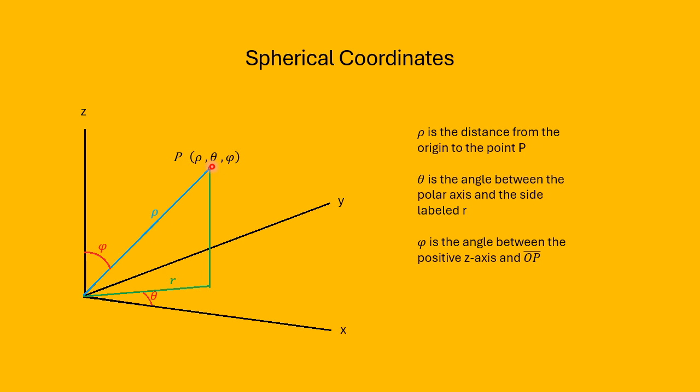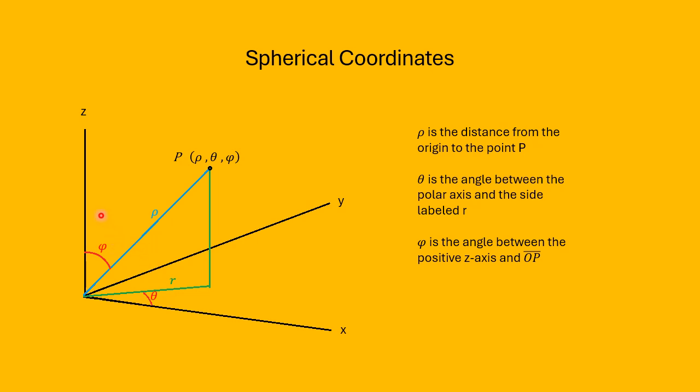To get that, we drop a perpendicular from point P down to the xy plane, and then after we draw this line, this distance is going to be r. Once we draw this line, the angle theta is here, between the positive x-axis and this ray. This is the same theta that we saw in polar coordinates and also in cylindrical coordinates.